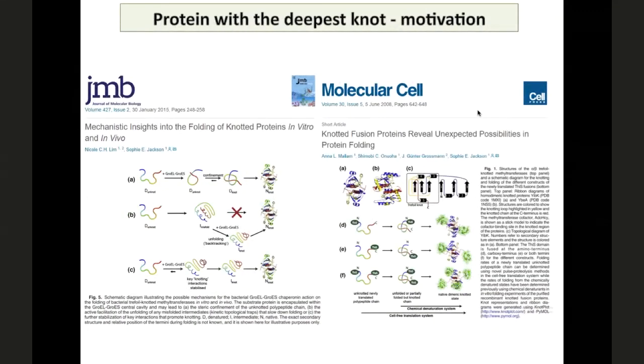Then I would like to remind you about two very good papers from Sophie Jackson. She was able to show that it is possible to fold a knotted protein, the same one that I discussed before, and that probably the chaperone will facilitate folding. And additionally, Sophie made another very nice experiment where she attached two bulky or very stable proteins to both termini of this protein, and we can also observe folding in this case.